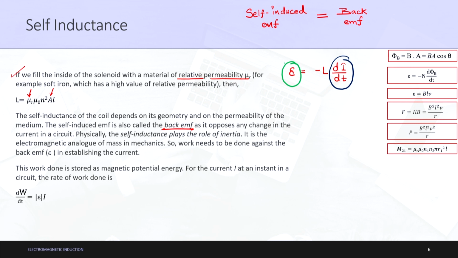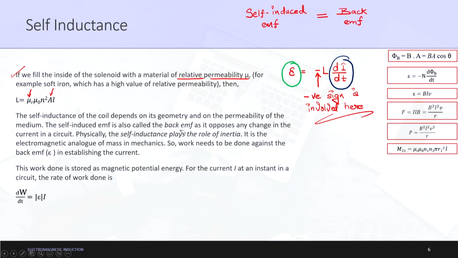Due to this negative sign. Let me iterate this again: the self induced EMF is also called back EMF as it opposes any change in the current in a circuit. This is the only concept being talked about in this point.